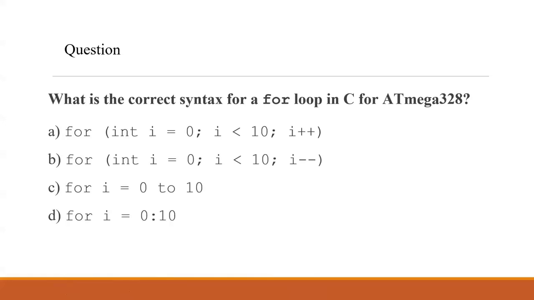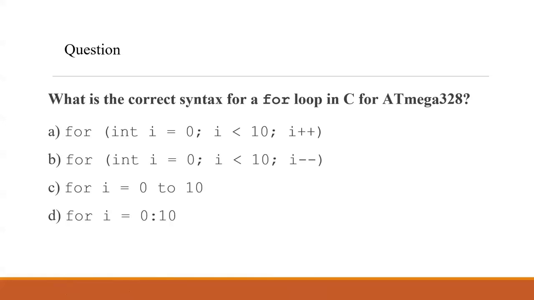Then for i, of course, we are saying for i less than 10, then increment i by 1. Then B, for int i equals 0, i less than 10, decrement i by 1. Then for i equals 0 to 10.